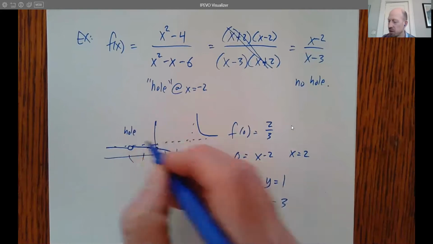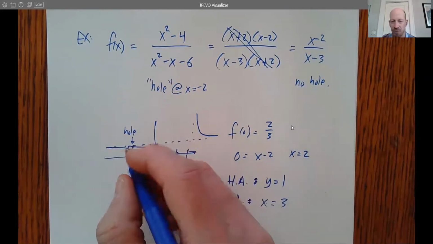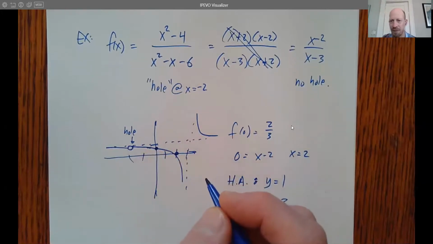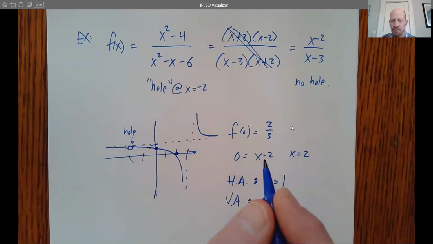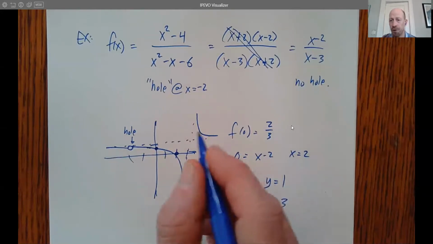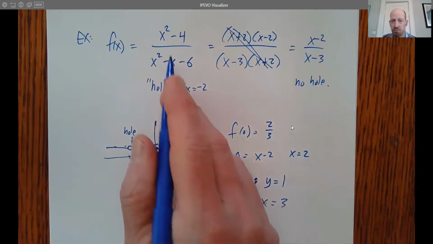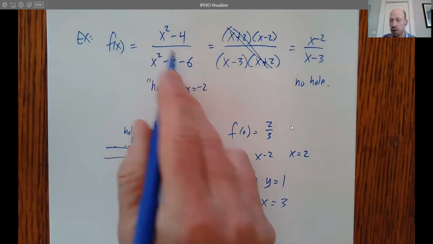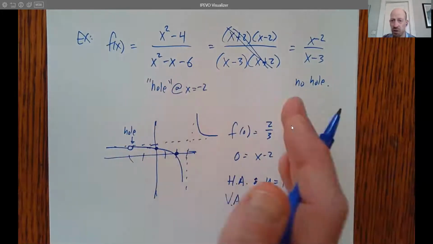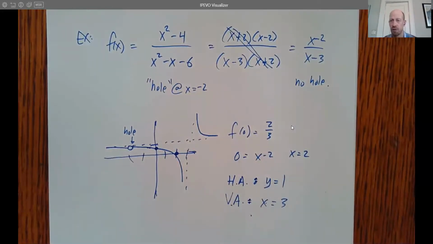Sometimes nice to label it just because it's easy to miss, or if you graph it and then want to add a hole afterwards, you can kind of make a mess of it. So just label it, indicate that's a hole. The graph is not defined there. It doesn't exist at -2. But because the numerator and the denominator are both 0, it doesn't create a vertical asymptote or anything else. It just creates a hole in the graph.